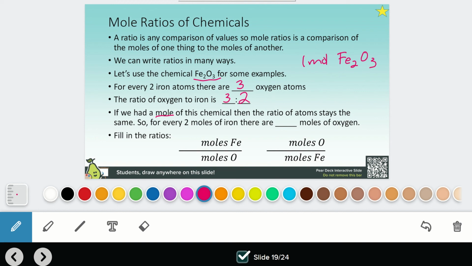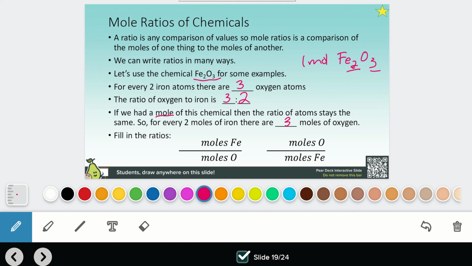For every 2 moles of iron, there are 3 moles of oxygen, right? So it works if we're comparing the number of atoms, but the ratio stays the same if we're comparing the number of moles of that chemical. It just depends on what label we're using for it.